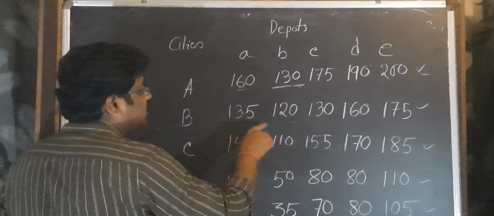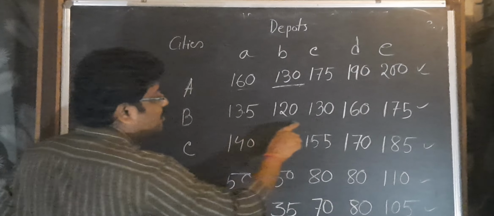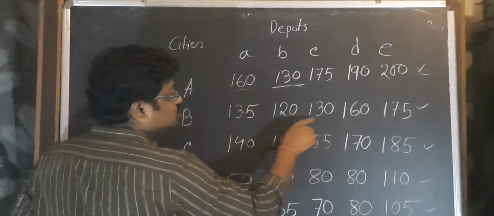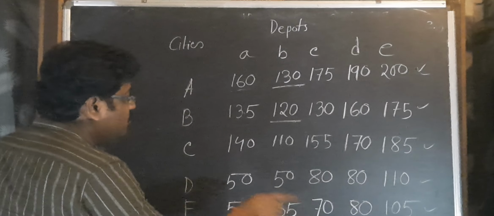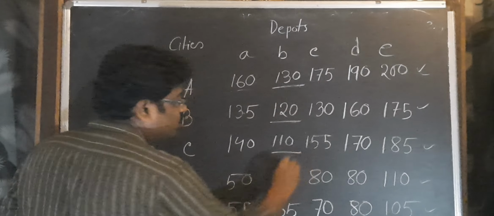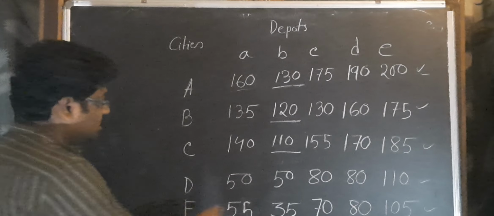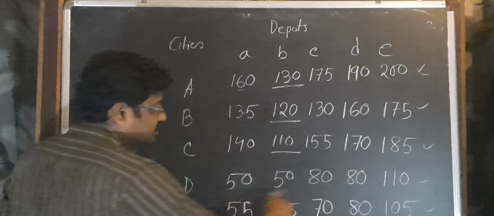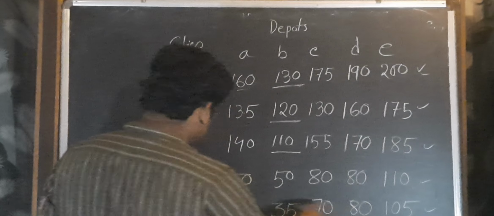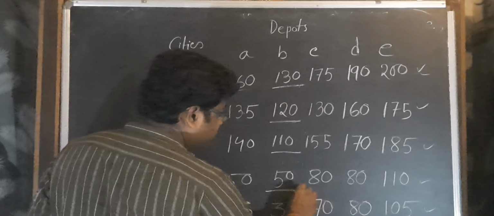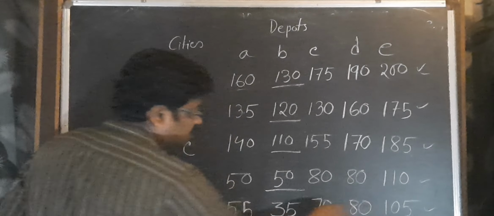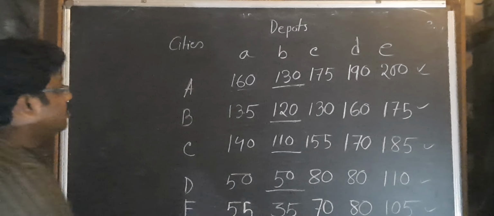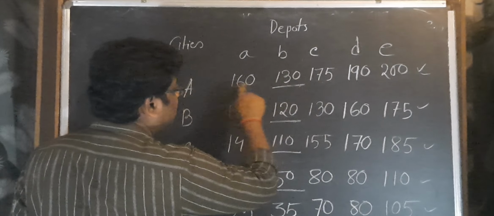The minimum of the next row is 120, then 110, in row D the minimum is 50, and here the minimum is 35. So now we subtract 130 from the first row.